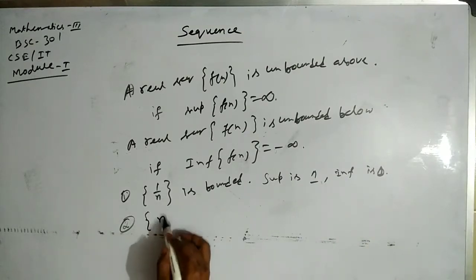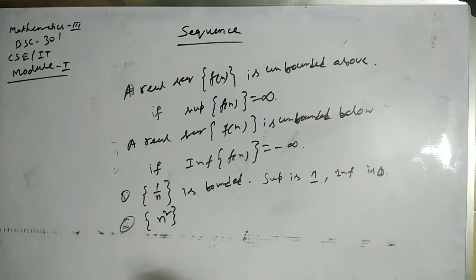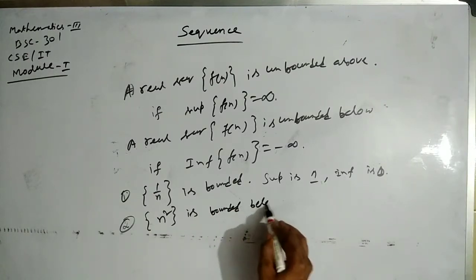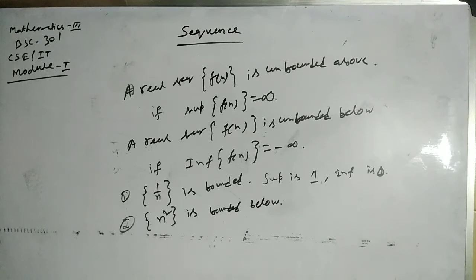Okay, so next example is n square. We can't say that n square is bounded because it is not bounded above and below both. It is bounded below, but not bounded above, because supremum of this sequence is infinite, and infimum is 1.